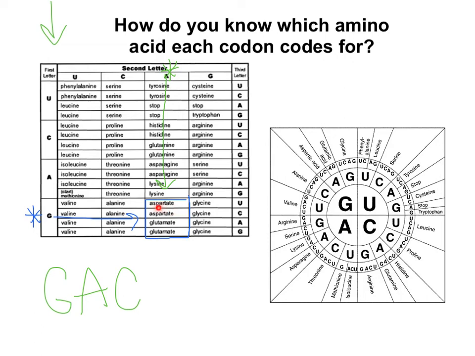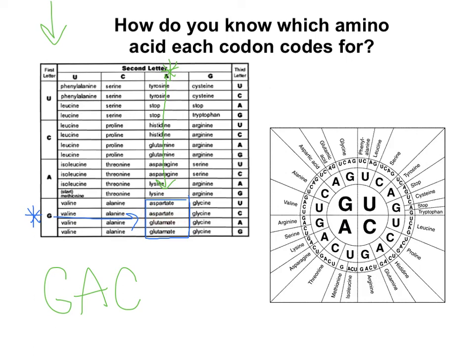And it intersects at aspartate. That is the name of the amino acid that GAC codes for. So you start on the left, find the first letter, then move to the top, find the second letter, go to the right, find the third letter, and see where they all come together. And that box tells you the amino acid that it codes for.